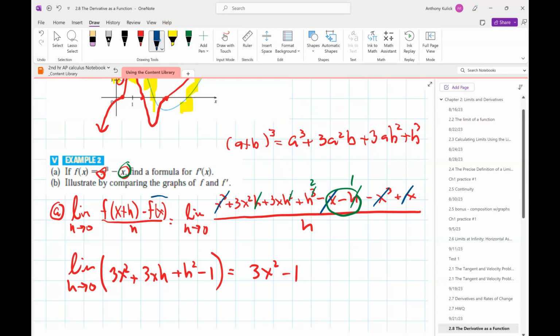And then minus f of x is that part. If it's minus f of x, why isn't it... Because I distributed the negative. Okay.